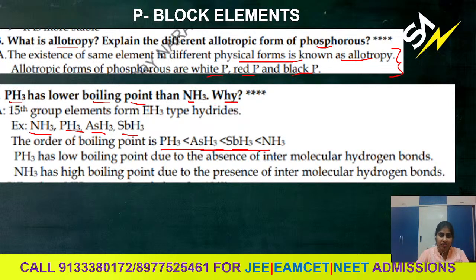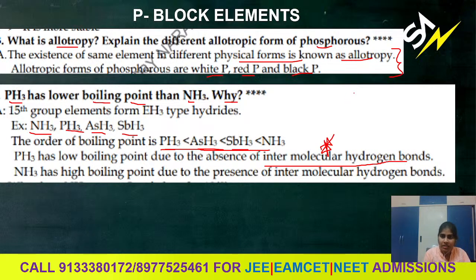The question asks why. PH3 has a low boiling point due to the absence of intermolecular hydrogen bonds. So this is the very important reason. There are no intermolecular hydrogen bonds in PH3, while in NH3 we have intermolecular hydrogen bonds.